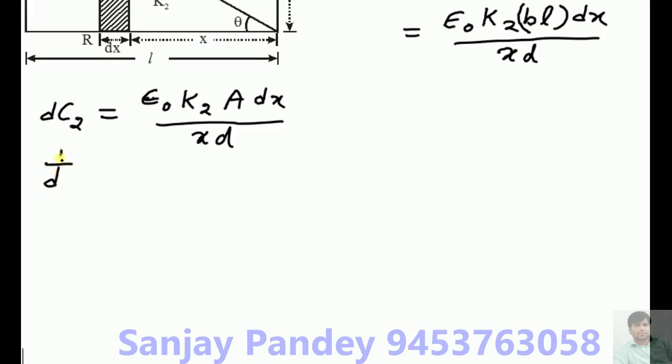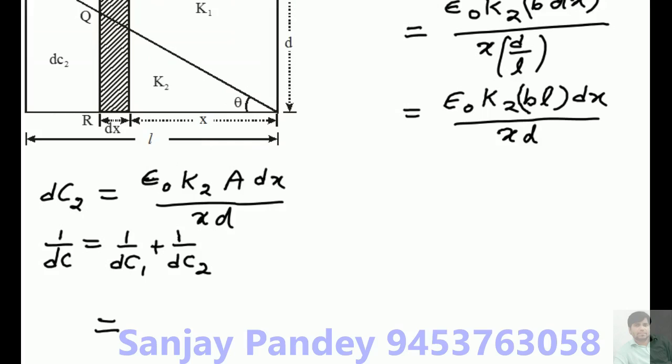As dC1 and dC2 are in series, the net capacitance of the strip is given by 1 upon dC is equal to 1 upon dC1 plus 1 upon dC2. Suppose it is our equation 2.